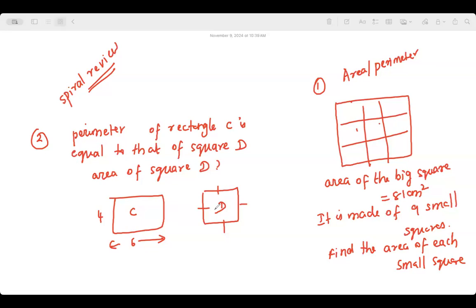I'm wondering, area perimeter. Mhm. What topic is this? This is topic 10.